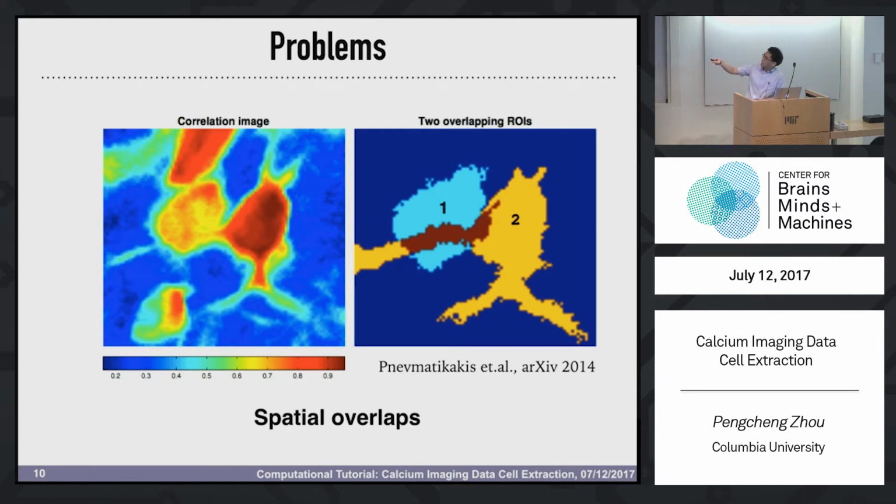If we identify an ROI of neuron 1 here and extract the mean fluorescence intensity of neuron 1, some signals of neuron 2 will sneak into neuron 1's activity. So these two neuron signals are mixed together. What we get is not an individual neuron's activity, it's a mixed neuron activity. This could be a problem.